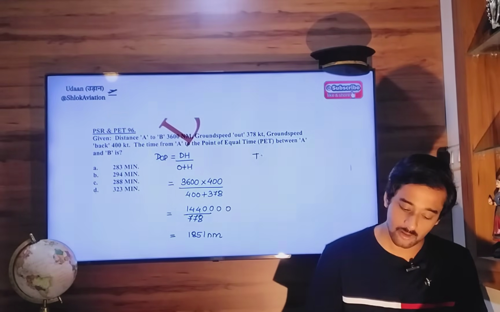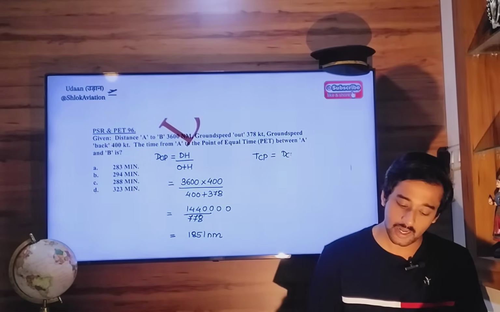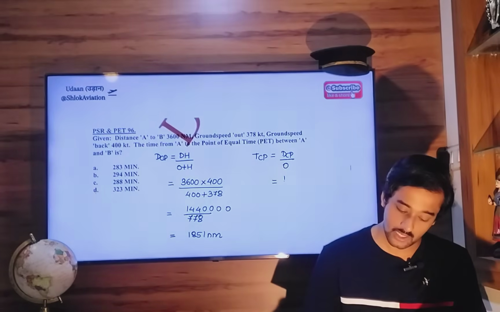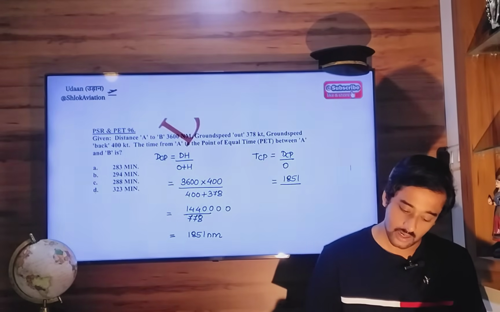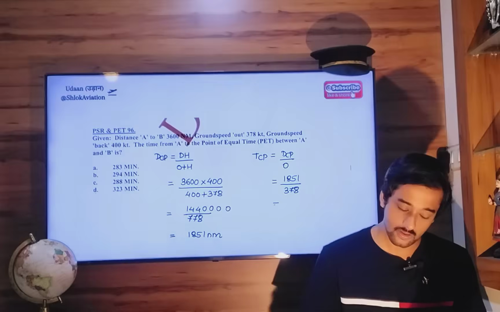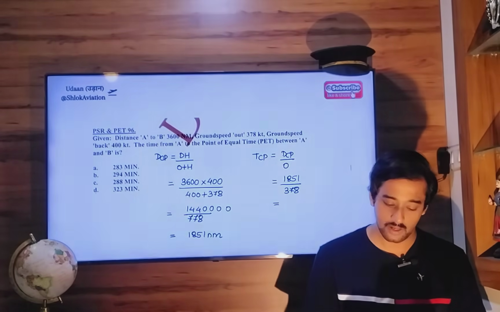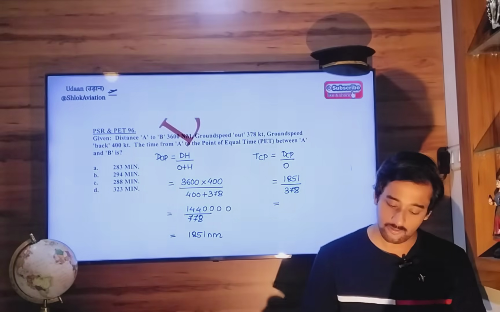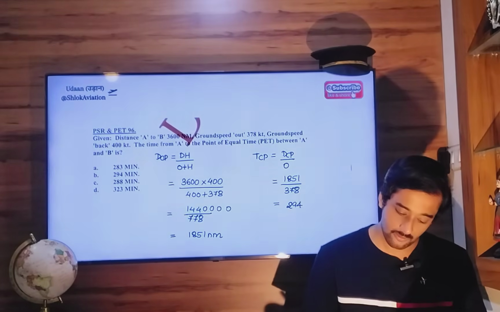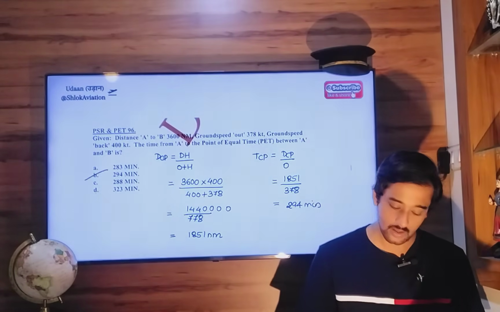So time to critical point, distance to critical point divided by outbound speed. So 1851 divided by 378 is 4 hours 53 minutes, 294 minutes, 294 minutes. So option Bravo.